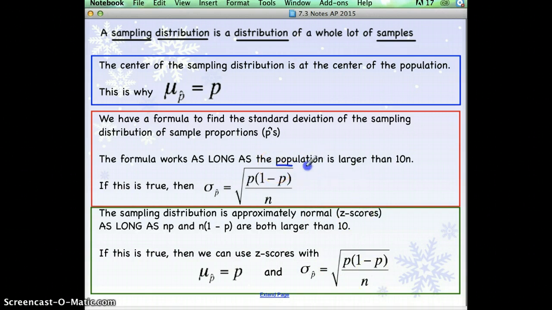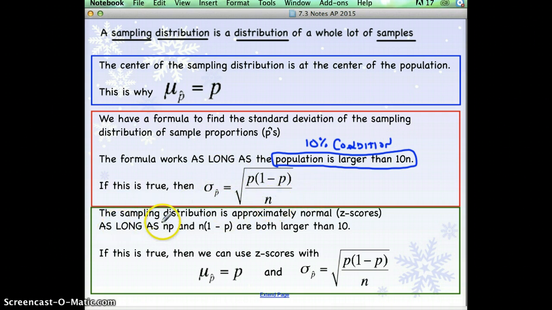Okay, so this is the first condition you want to check, known as the 10% condition. If that condition holds, then you can use the standard deviation formula.